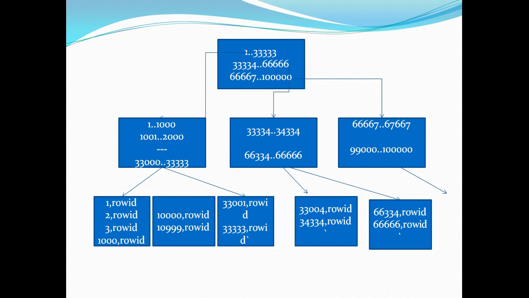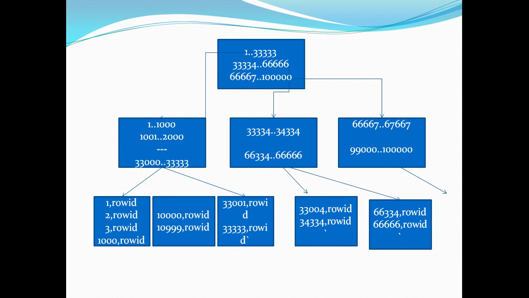So it will go to this particular block, and then again it will be redirected from here to my leaf block, where it has the physical location of the row with the transaction ID 1. Once it has the row, it will go to the table and fetch the data from that particular block where the row is stored.